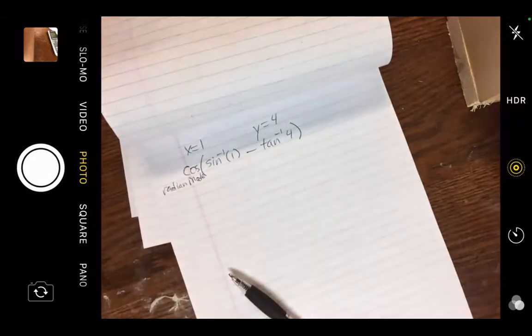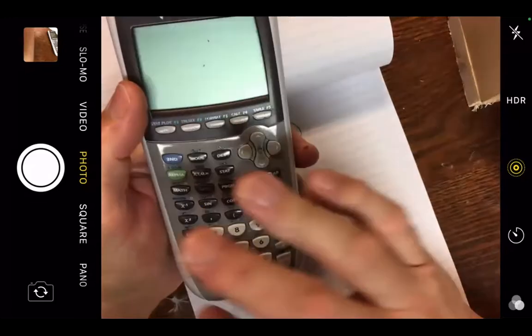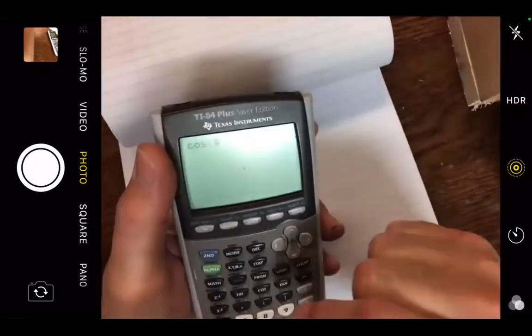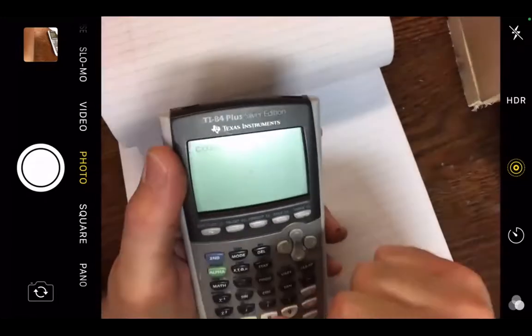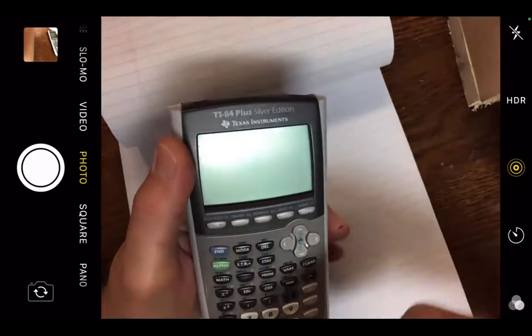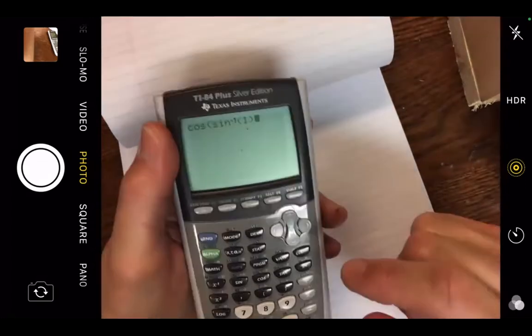That's the beauty of these calculators. Since they were invented, they used the labels you're used to: cosine of arc sine of 1 minus arc tangent of 4, whereas for hundreds of years, people had to use formulas like we just derived to work them out.